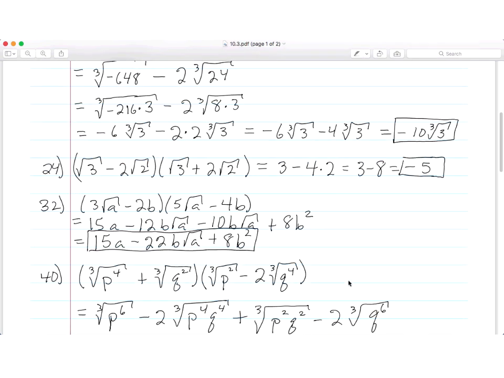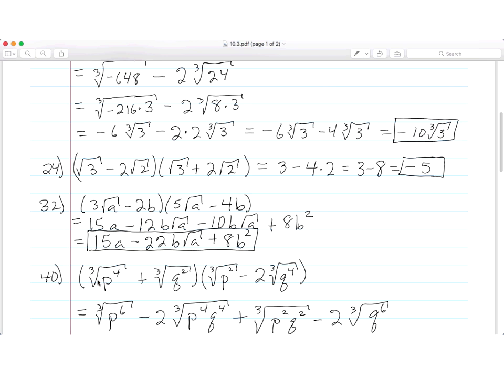Using the distributive property, I have the cube root of p to the 4 times the cube root of p squared. Multiply radicands. I have the same base, p, so add exponents. 4 plus 2 is 6. So this is the cube root of p to the 6.